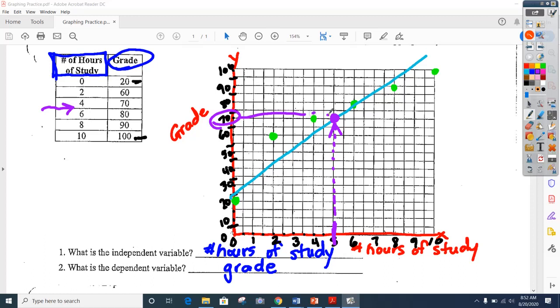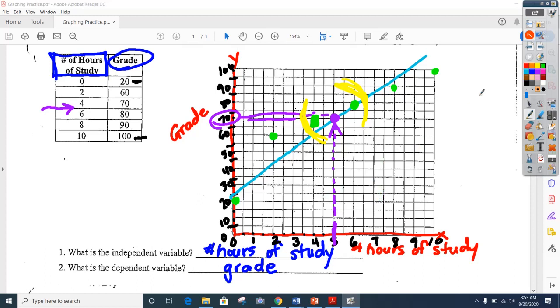Okay, you'll see how I'm doing that. But that is not data that I collected in this experiment. That is something that I'm using the graph, the line of best fit, to determine. Do you see how the part of the graph that I'm asking you about is between two of the green dots? It is between two data points that we collected in lab.